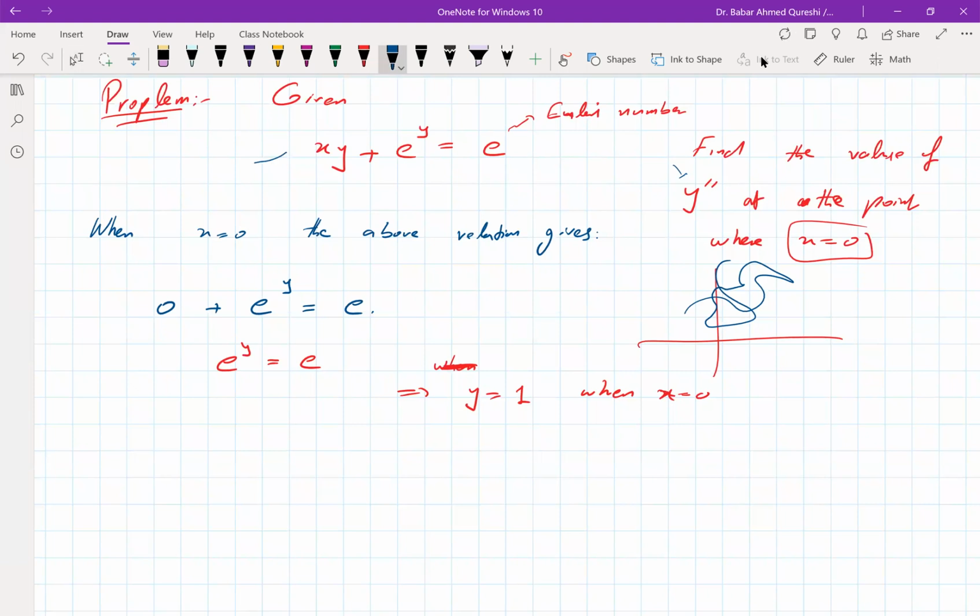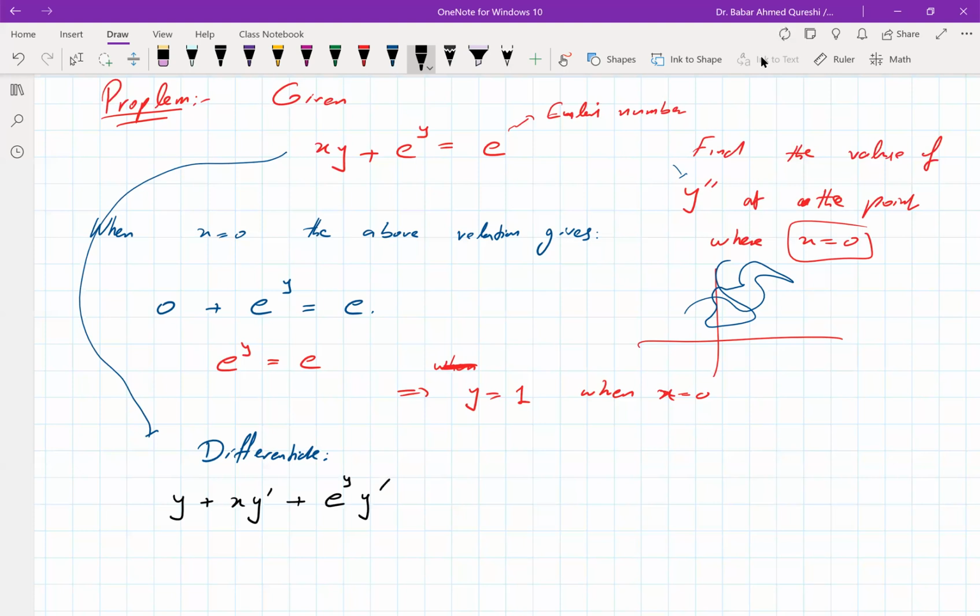So I take this, I differentiate. I get y plus xy dash plus ey y dash. That's the chain rule. And on the right hand side, this is a constant.